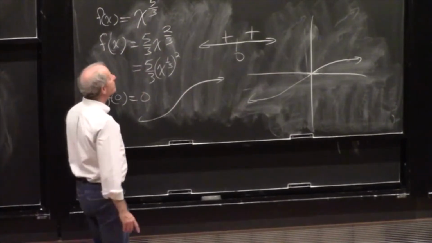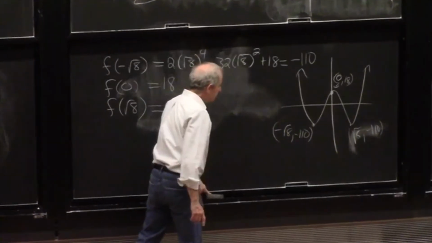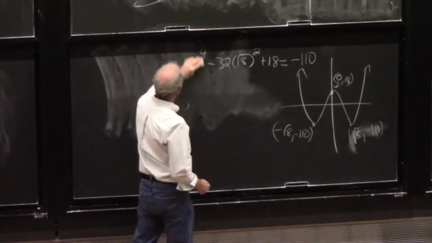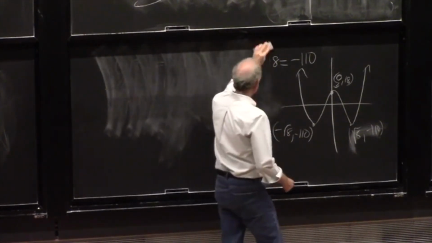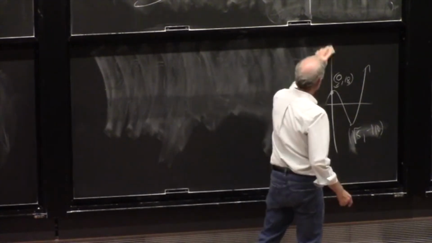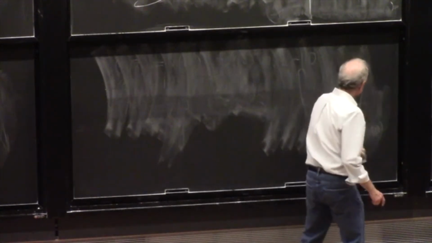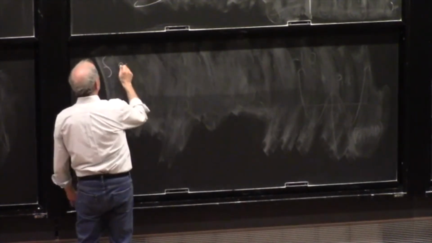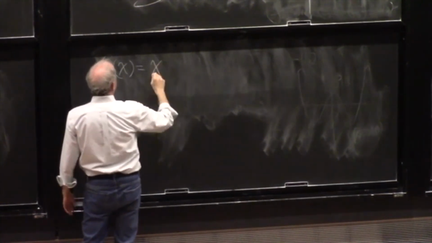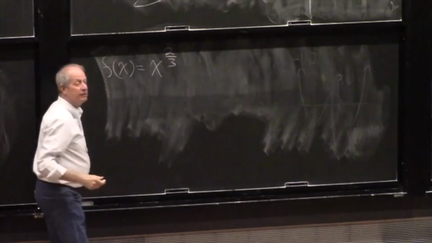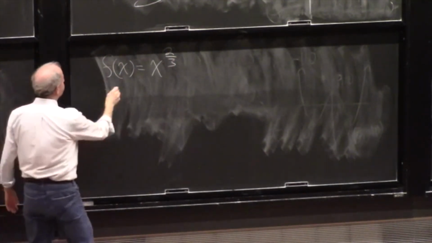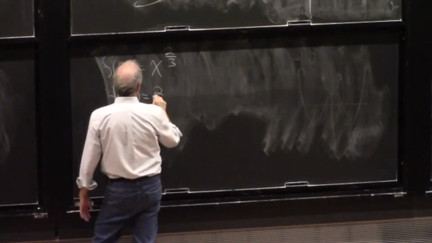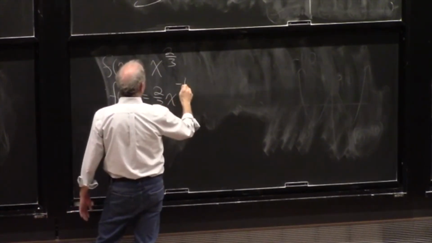Okay, now how do you make this more annoying? Because it's already annoying, but let's make it more annoying. Let's do x to the 2/3 instead of x to the 5/3. Now if you take the derivative, you get 2/3 x to the negative 1/3.